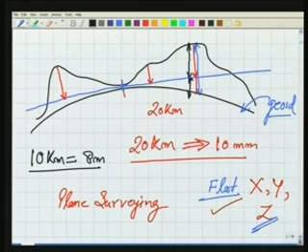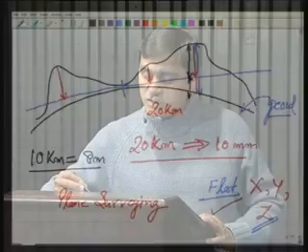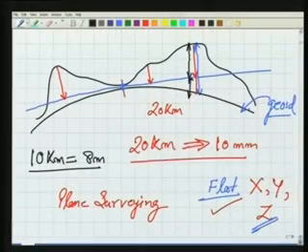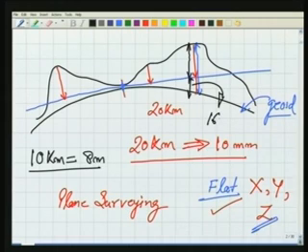If this distance is 20 kilometer here, the error in measuring height from the geoid and in measuring the height from the horizontal plane, the difference between these two, means the error is of the order of 16 meters. This is 16 meter.